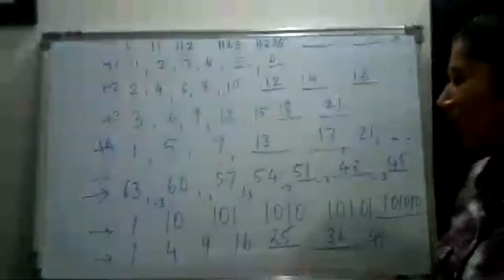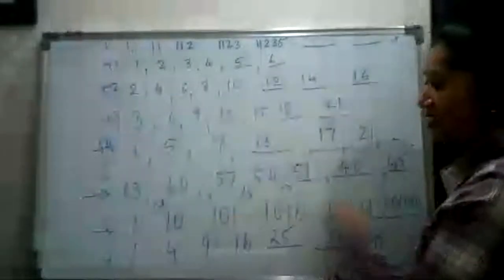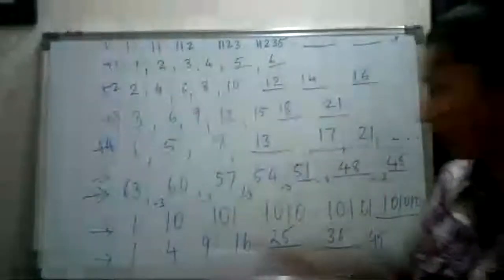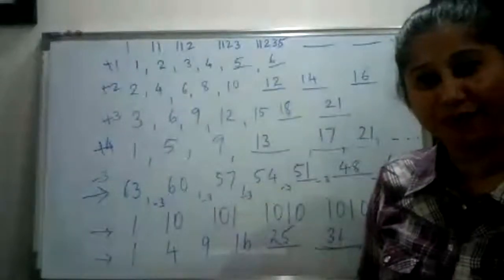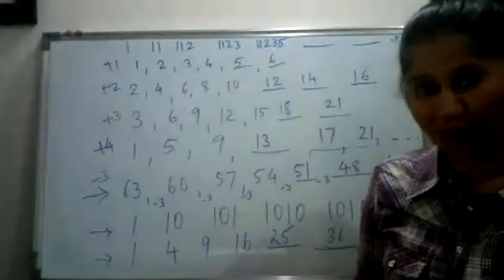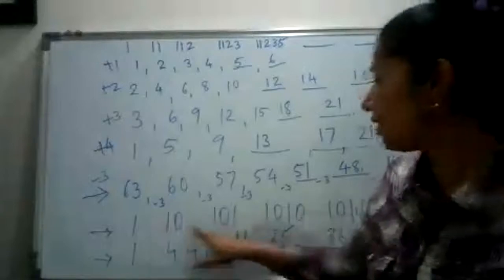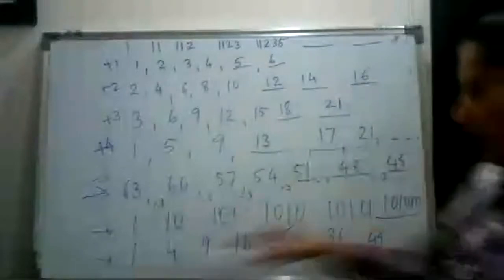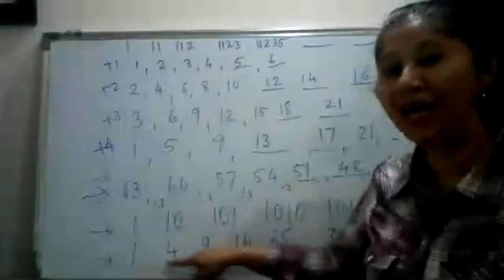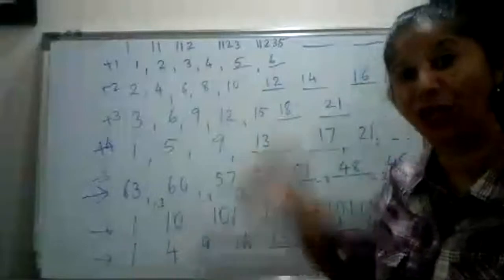Okay. And now if you observe here, with this logic, do you get some constant difference here? Your answer is no, isn't it? Because it is just a pattern which I made from the numbers 1 and 0. Similarly, if you look here, they seem not related to each other, though they are related.